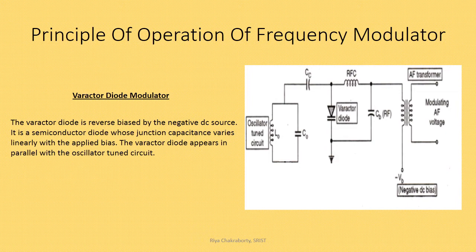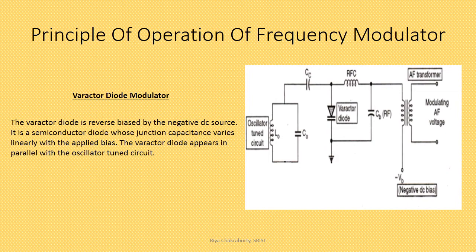A varactor diode is a semiconductor diode whose junction capacitance varies linearly with the applied bias. The varactor diode must be reverse biased. It is reverse biased by the negative DC source, here minus VB.